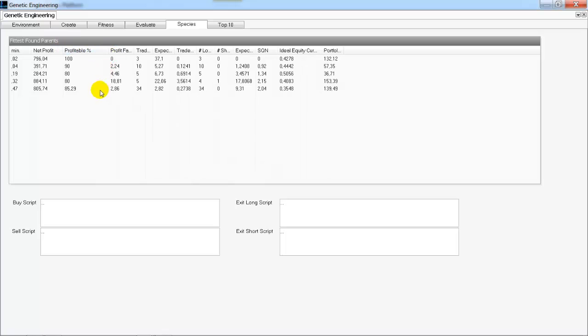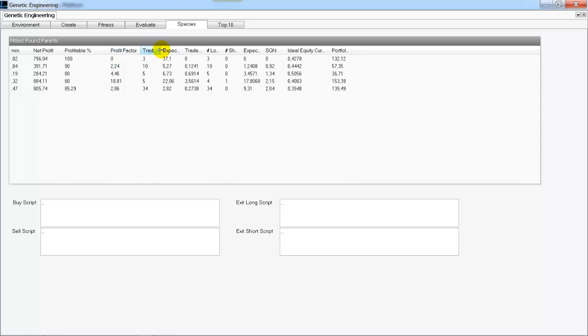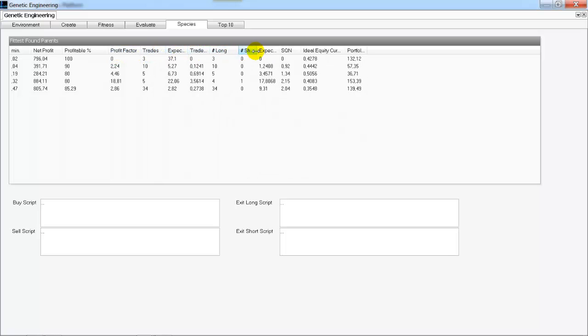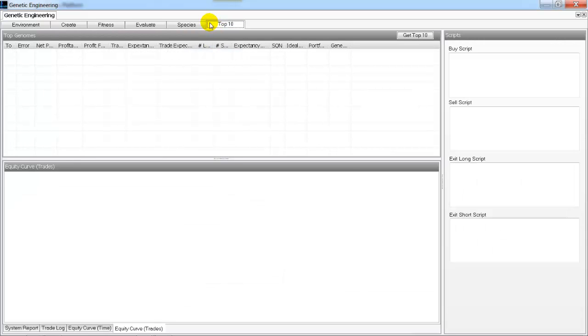So you have all scores here from net profit, profitability, profit factor, trades, long and short trades. So you have all parameters which you need to evaluate a trading system. And in the end, and this is the last and most important point, you will have a look at the top 10 of the latest population. For sure, you need to run it some minutes to tweak out some trading strategies.